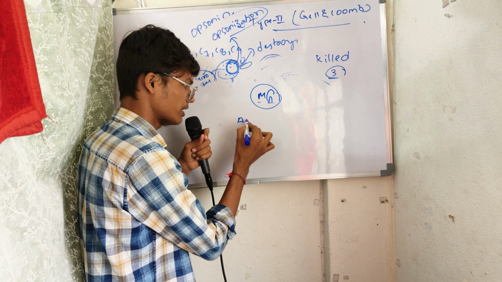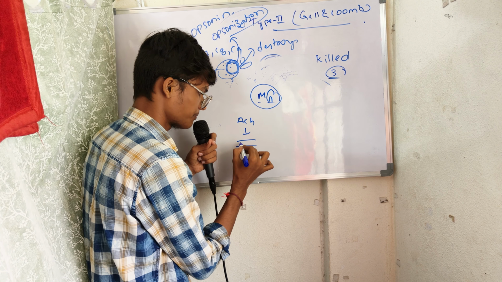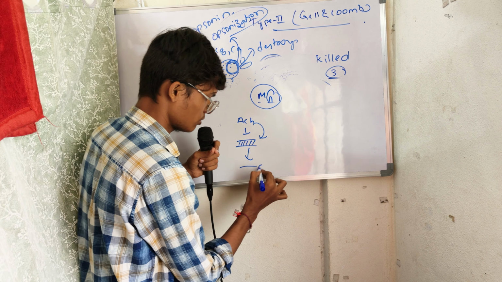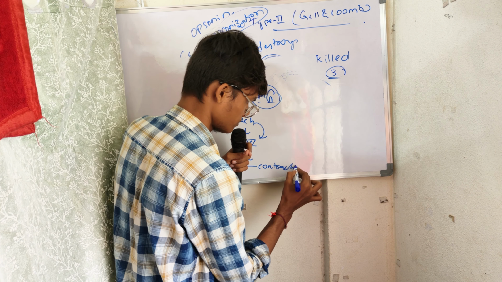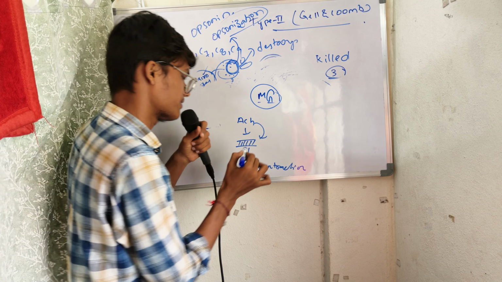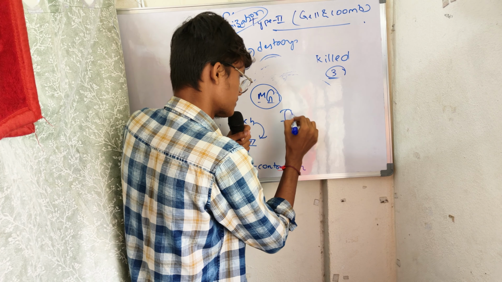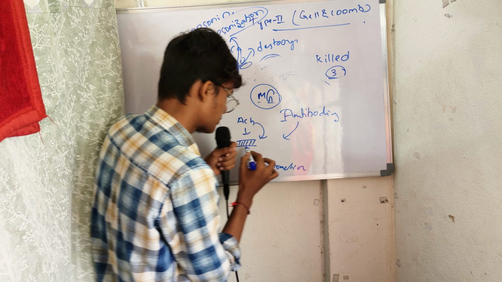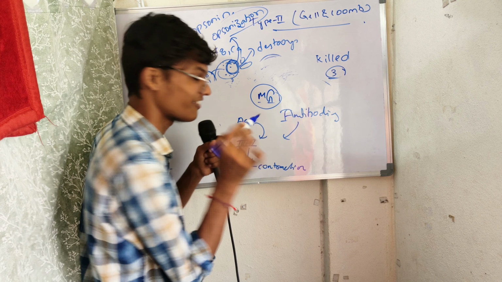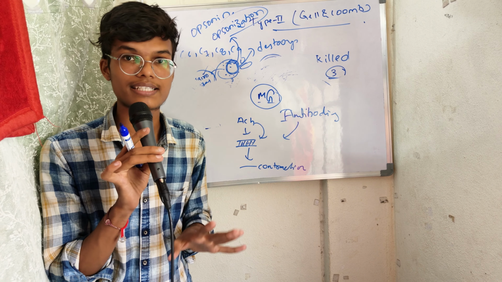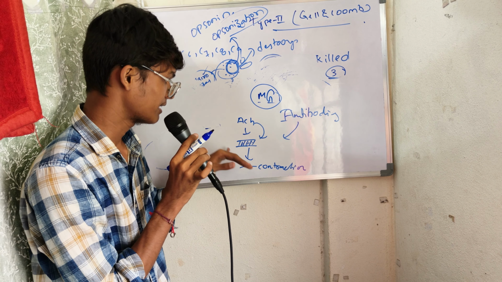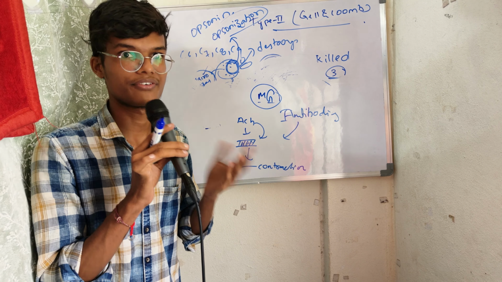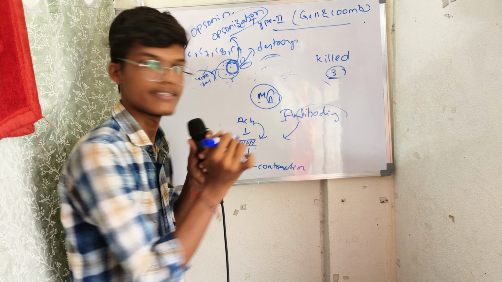See, in myasthenia gravis, what happened? Normally, acetylcholine comes and attaches to the acetylcholine receptor, so there is normal contraction of the muscle. But in myasthenia gravis, due to genetic susceptibility, the receptors are thought of as non-self, so antibodies are produced against them.